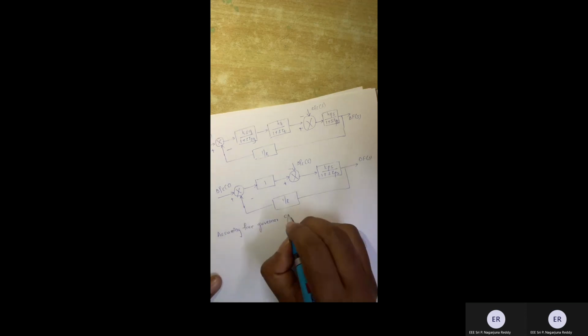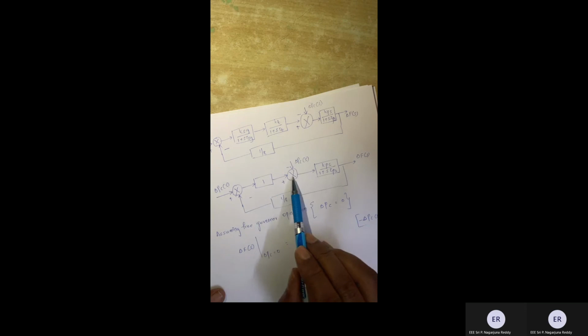Now, assuming free governor operation, I'm going to consider free governor operation, which means delta PC is equal to 0. So now let us see delta f of s at the condition that delta PC is equal to 0. We have done it already, so this will become 0. So this is the entire feedback now to this system, isn't it? This is going to act as a negative feedback to the system, and this is going to be G, this is going to be H for you.